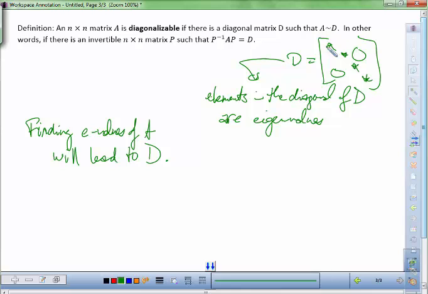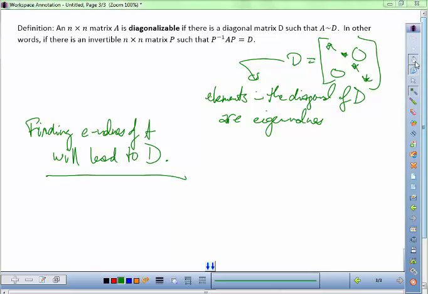If lambda minus 1 to the second power appears, so lambda has algebraic multiplicity of 2, then when you find its eigenvectors, you hope to have 2 eigenvectors associated with it. So our key to finding the diagonal is to figure out what the eigenvalues of A are. That's not the whole story yet, but let's see.